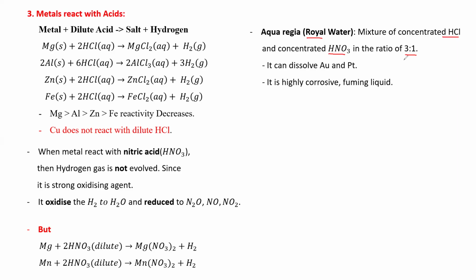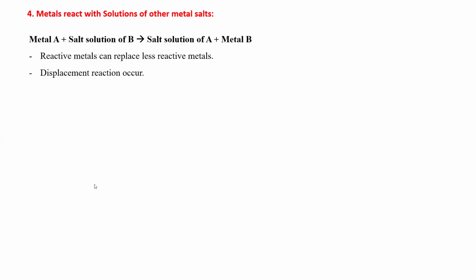It has the capability to dissolve gold, even platinum also. It is a highly corrosive and fuming liquid. So even whatever costly clock is available in the market, that is also going to melt with the help of aqua regia.